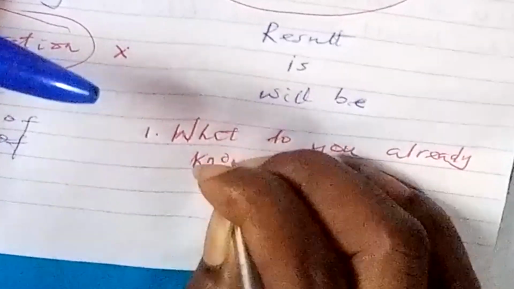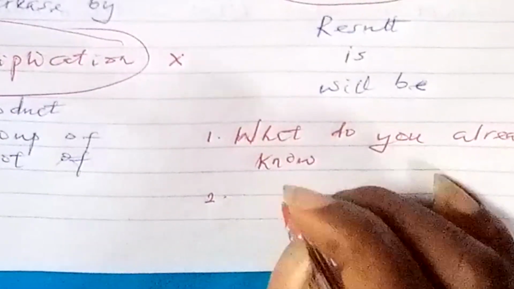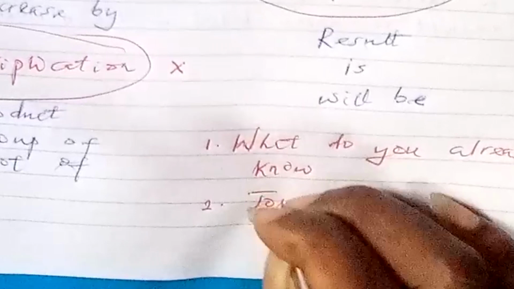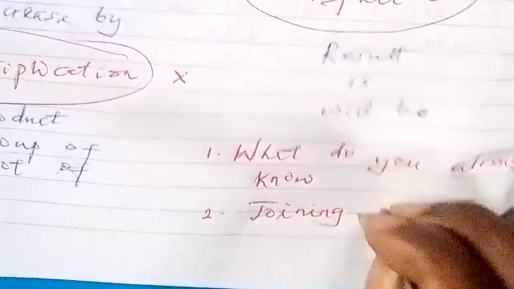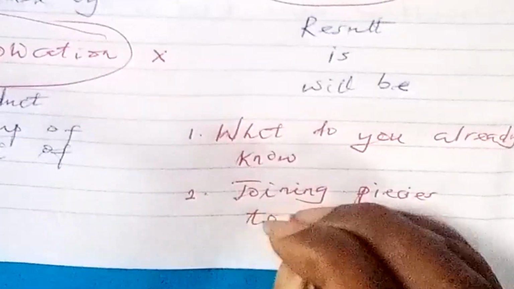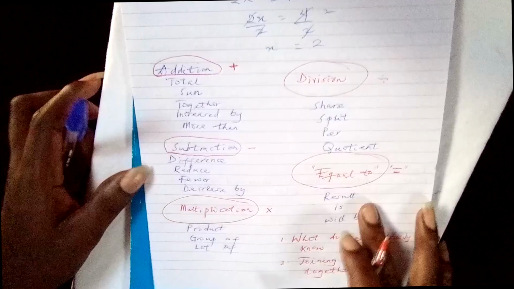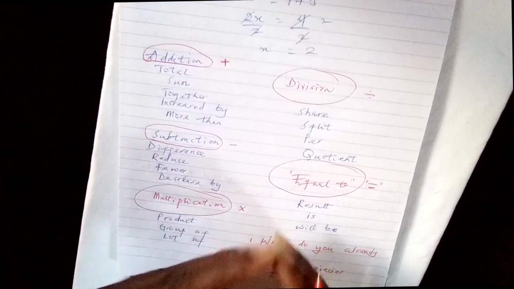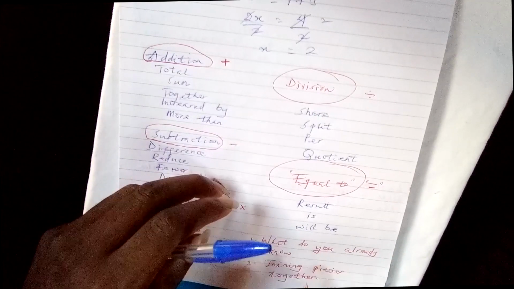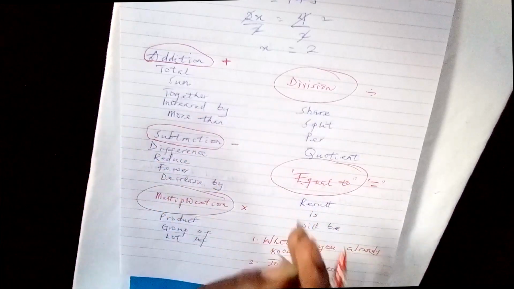The second strategy is joining pieces together. In order for you to understand these two strategies clearly, let us consider the examples on the next page of this sheet.